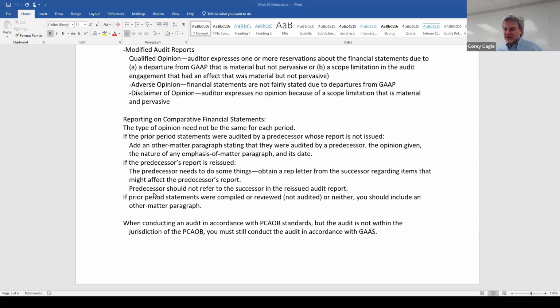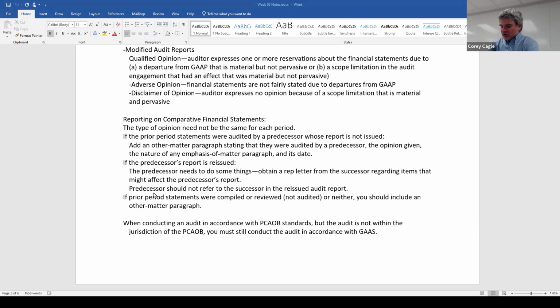If the prior period statements were audited by some other auditor whose report is not issued, we would add an other matter paragraph, and we're about to talk a lot about other matter paragraphs. But we would have that stating that they were audited by some other auditor, what that opinion was, the nature of any emphasis of matter paragraphs, and its date. So we'll just give that information as part of our report in an other matter paragraph if someone else audited it, right? If their report's not issued.